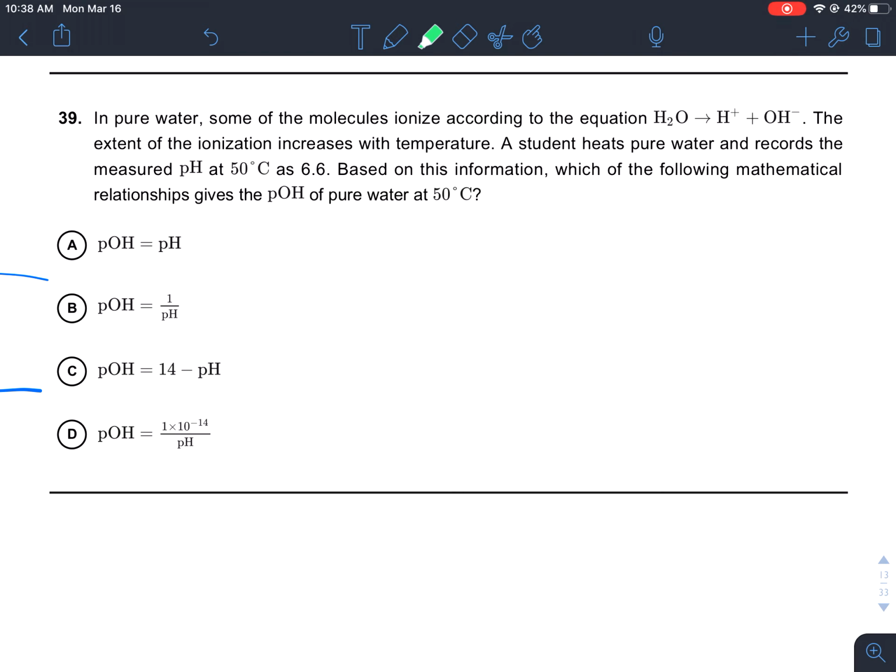The correct answer here is that, okay, you want to say pH plus pOH equals 14, but this is only true when Kw, or water, is at 25 degrees Celsius. If you really want a good explanation on this, check out my answer to question number 1 in this whole thing. But the answer is A, because remember, the H plus ions came from the same place that the OH minus ions came from. So these numbers are always going to be equal.